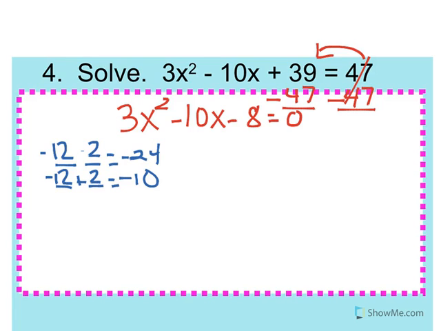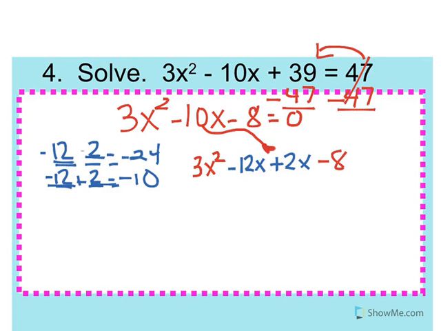So now if I go with factor by grouping, I'm going to do 3x squared. Instead of minus 10x, I'm going to write it as minus 12x plus 2x. Notice that's in blue because it matches the two numbers that we found. And then it ends in minus 8. So all I did was rewrite the minus 10x as these two terms.